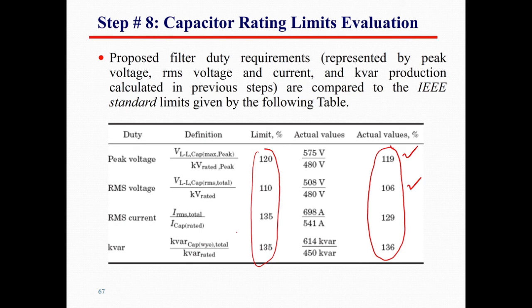With regard to root mean square current, we are in line; we are less than what is given in the standard. And with regard to kilovar, we are also in line with the standard. We have a very close value to the standard, with just 1% difference, so we can say that we are also in line with the standard.